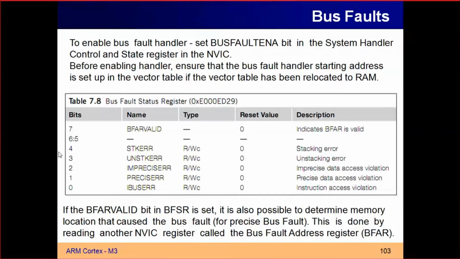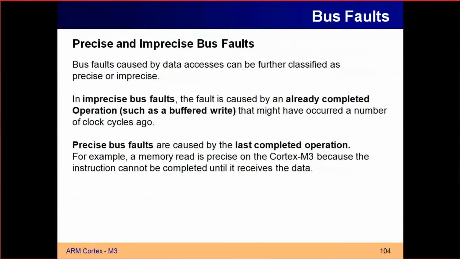Then what do you mean by precise fault and imprecise fault? Right. So what do you mean by precise fault? A precise fault is a fault which is caused by the last completed operation, if a fault occurs as a result of the execution of the just previous instruction.